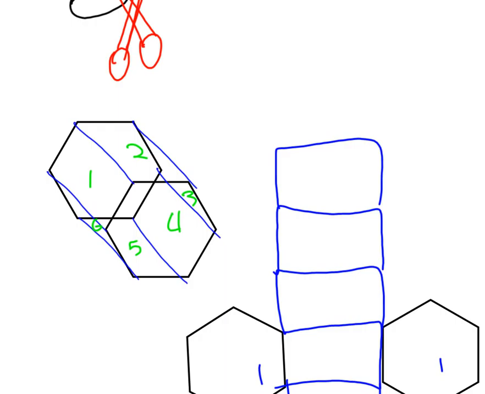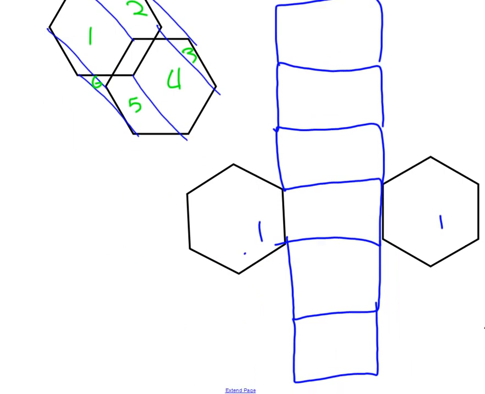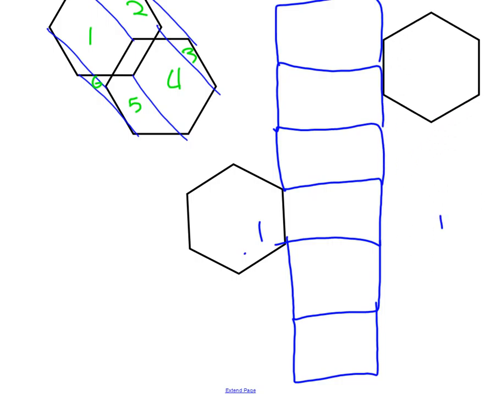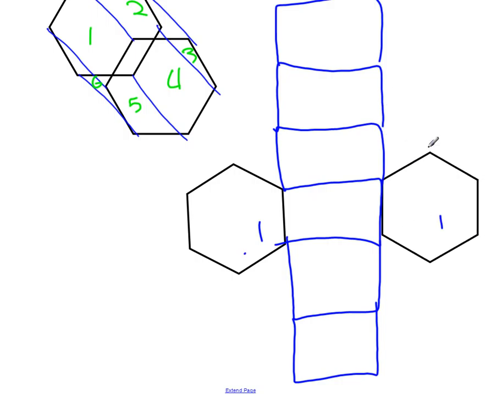So here's our drawing of a hexagonal prism. And to make a net of that, you take those 6 rectangles and put them all down the middle. And you take your 2 bases and put them off to the sides. And again, these could go just about anywhere on here, as long as they're on opposite sides of the shape.